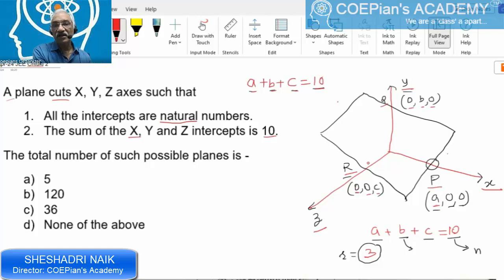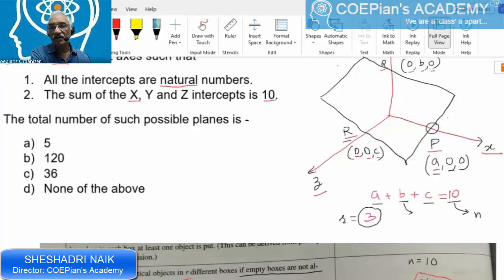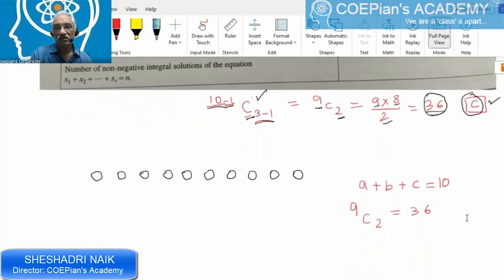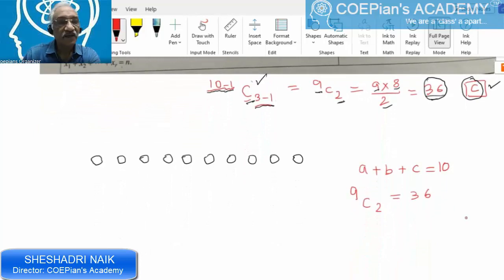Now let's look at this particular problem in a different perspective. So मैं क्या करता हूँ, instead of taking the plane and so on, मैंने ये यहाँ पे draw किया है, which I'll show you. मैंने 10 marbles डाले हैं और यहाँ 10 circles बने हैं.